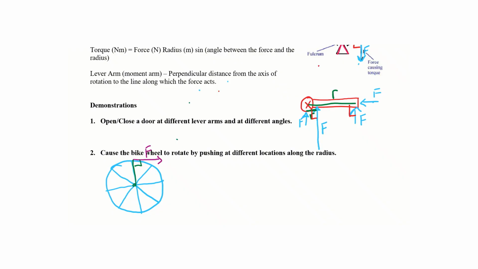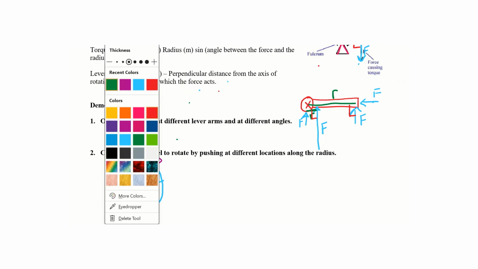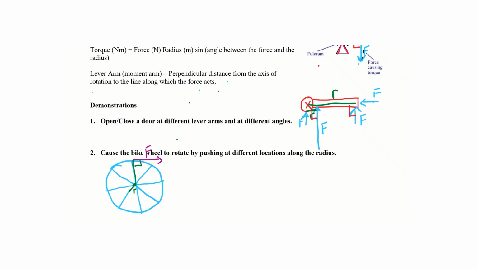However, if I tried to cause the same rotation at a shorter point, say right here, you could see the lever arm would be smaller. To compensate, I'd have to exert a bigger force to cause the same rotation.